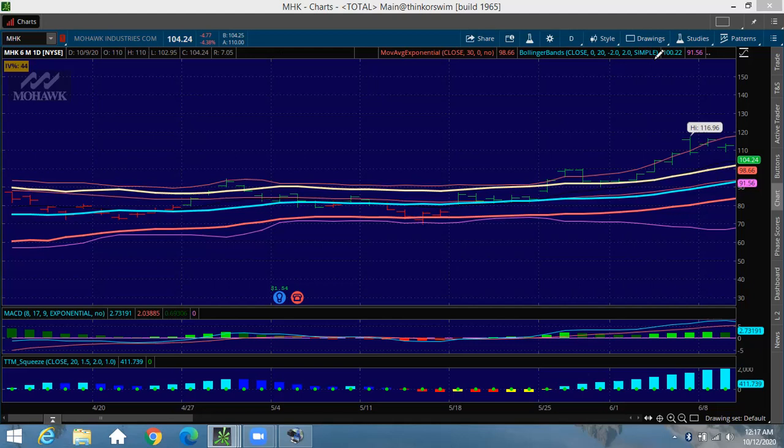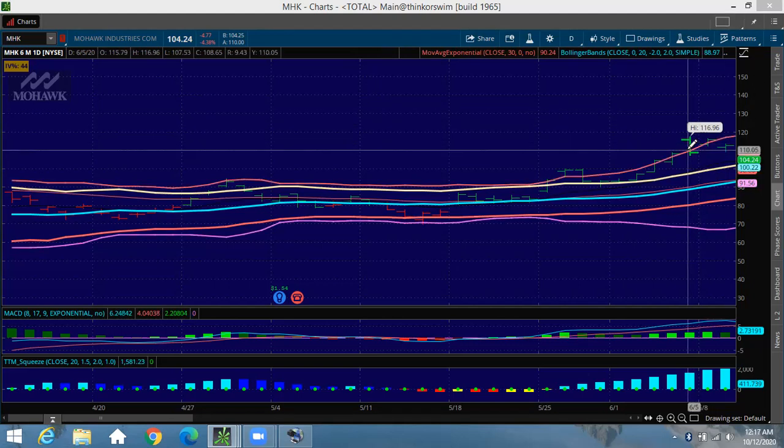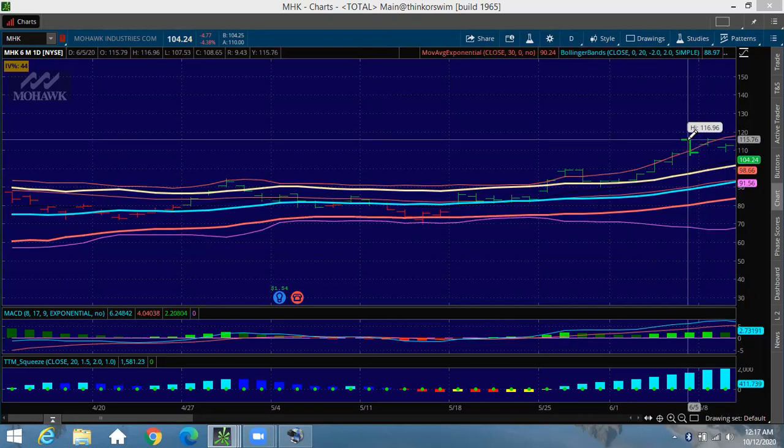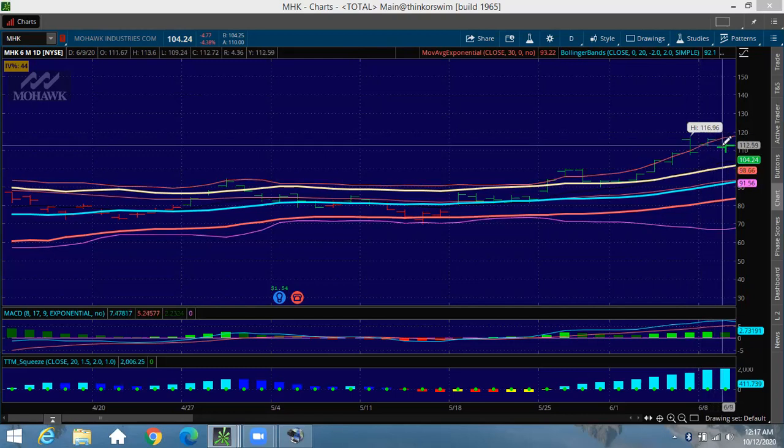So let's take a look and see how this would work. As an example, let's say you were looking at a chart of your stock and it reached its high and then looks like it's starting to go down.